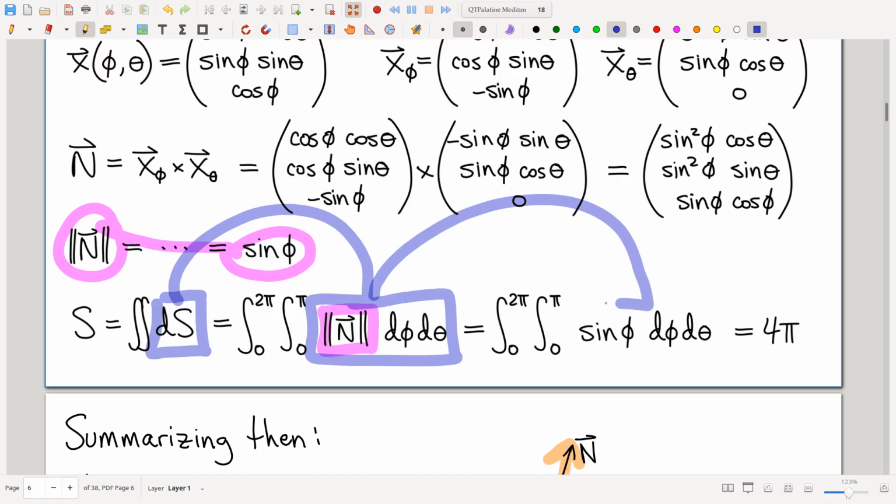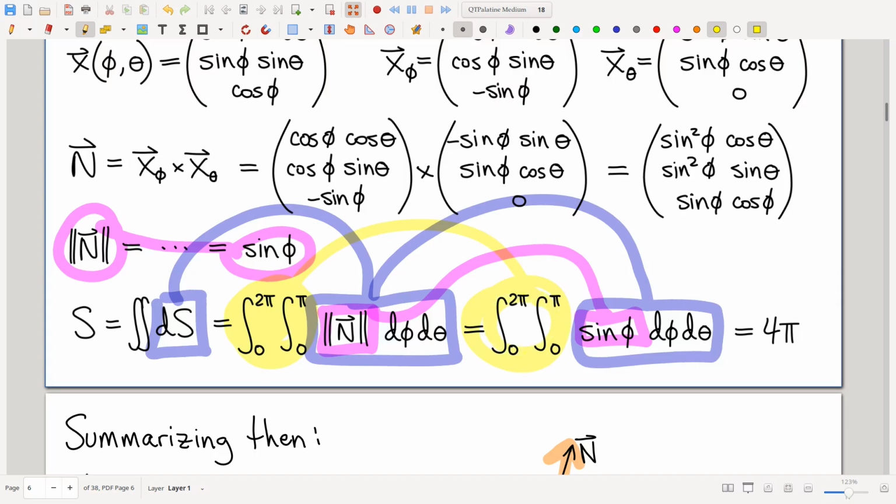So our dS just turns into that. We're adding up over the entire sphere, where these are the values of our parameters to get the entire sphere. And check it out, we have an easy double integral. Make sure you can do that. And there's your final answer, and it's what we knew already that it was.